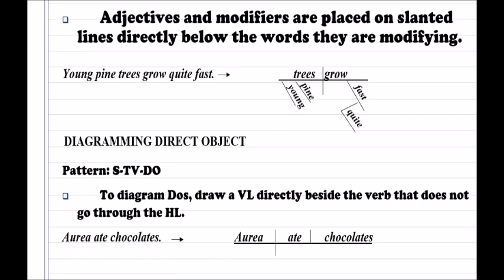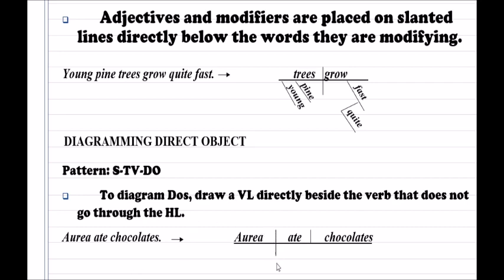You have to identify first the subject and the predicate, which is Arya is the subject, ate chocolates is the predicate. Now put Arya on the left side and ate chocolates on the right side. Put a horizontal line here and put a vertical line to divide the subject and the predicate here.